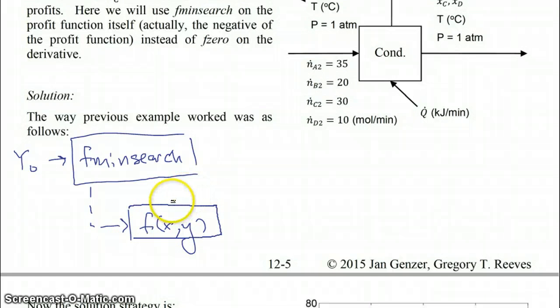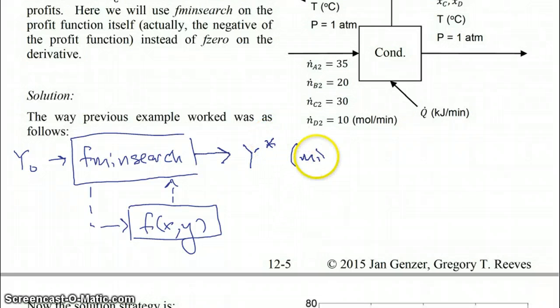That function is going to spit f back out to fminsearch. And so what fminsearch is going to do is vary the two elements of capital Y, that would be x and little y, until it finds a minimum in the value of this function f, which is spit back out to it. And so fminsearch then will spit out y star, the minimizer of f. And so that's the way the solution strategy worked for example 12.2.